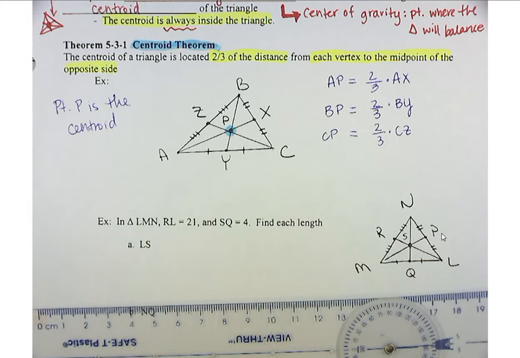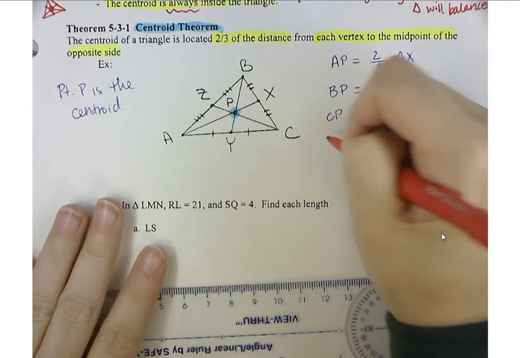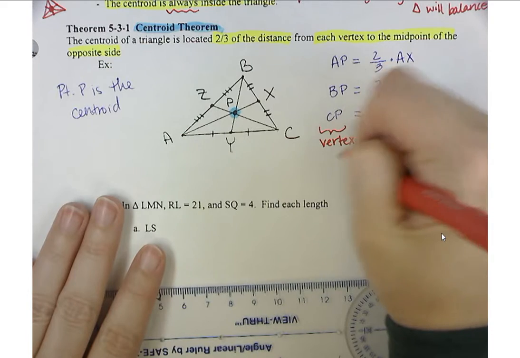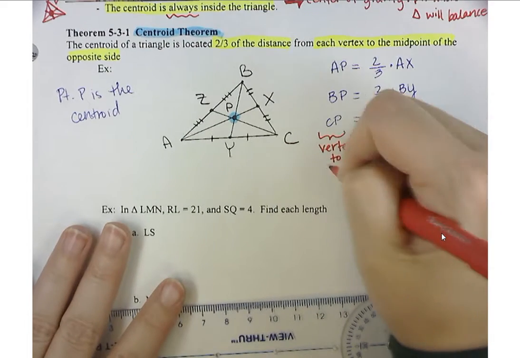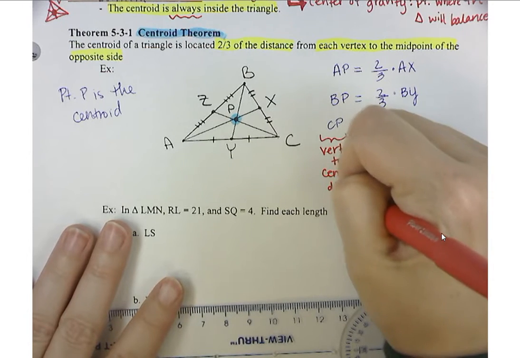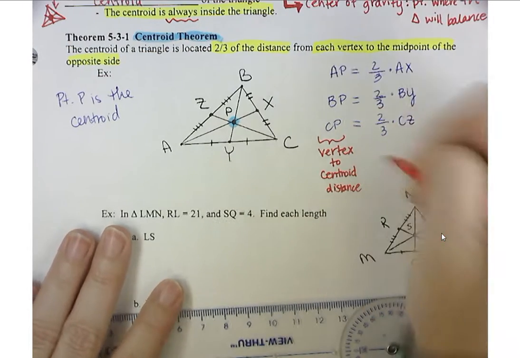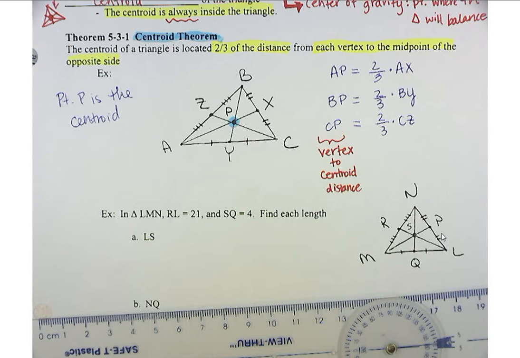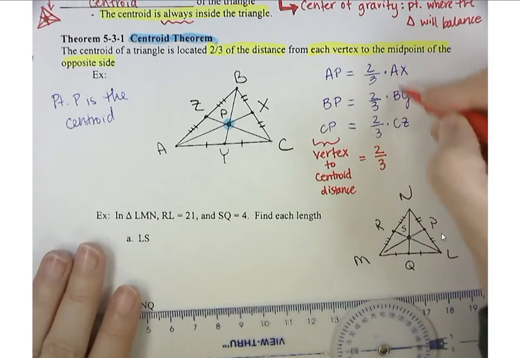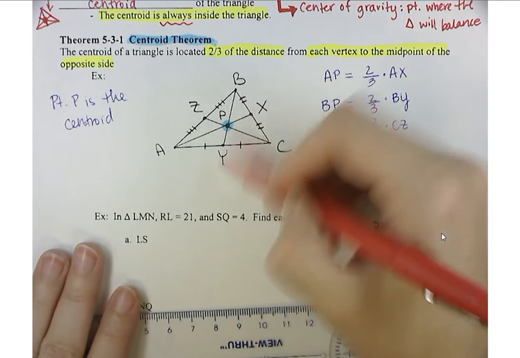Okay, so let's just write some language there to help us. So each of these is the vertex to the centroid distance. And that was always 2/3 of, what is AX, BY, and CZ?